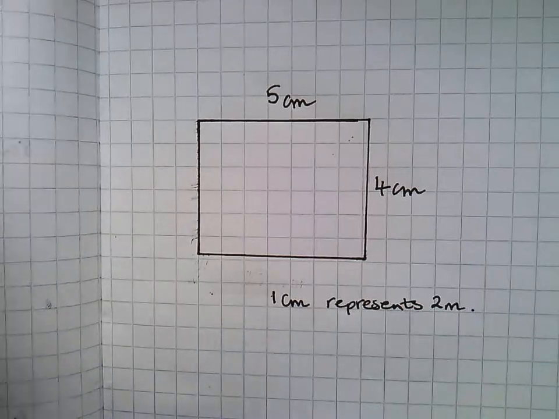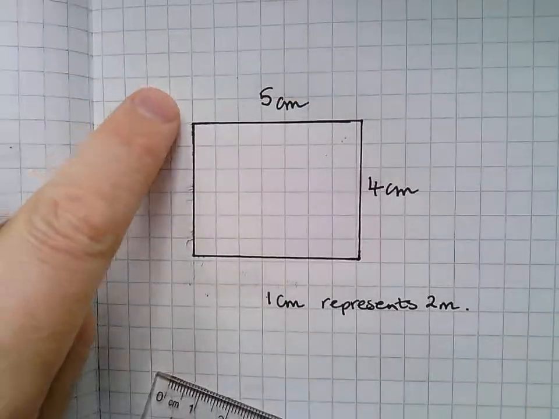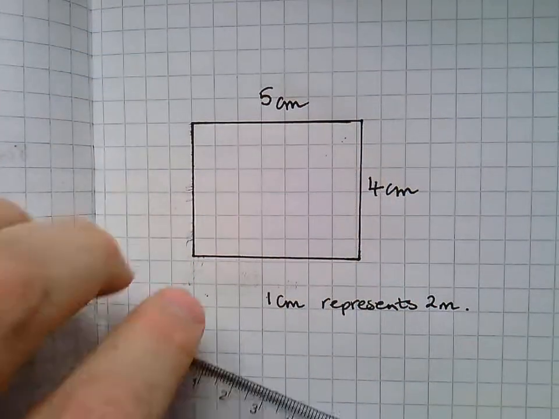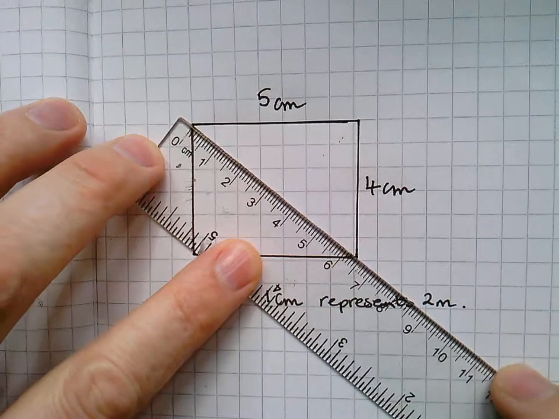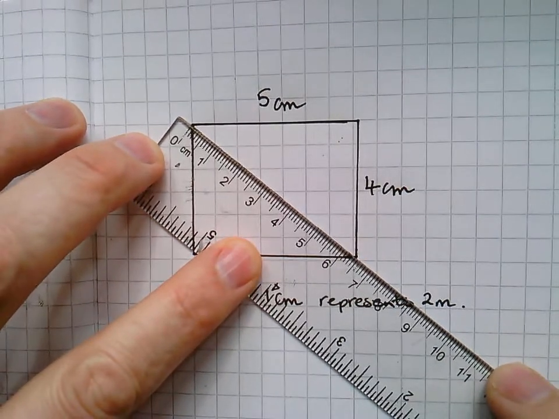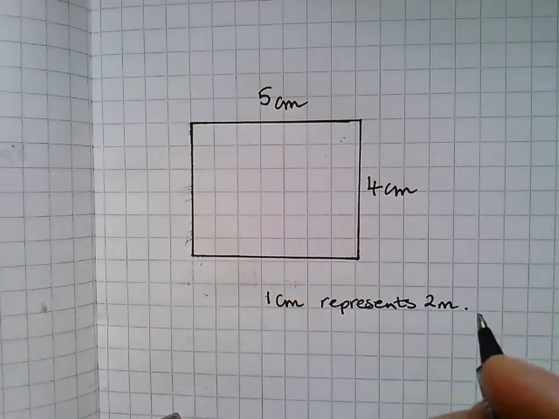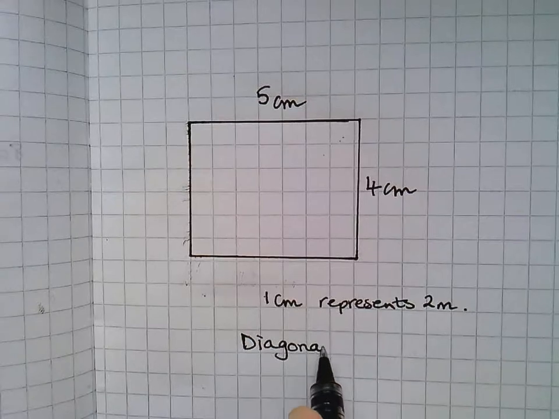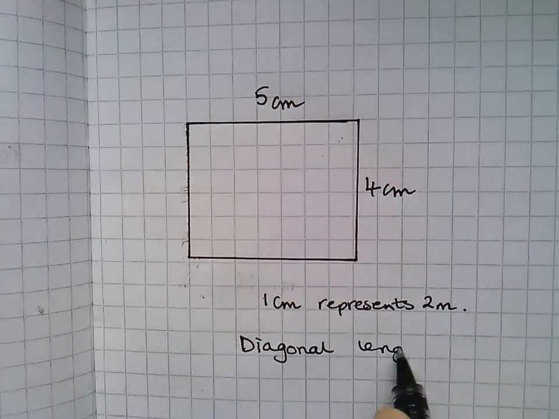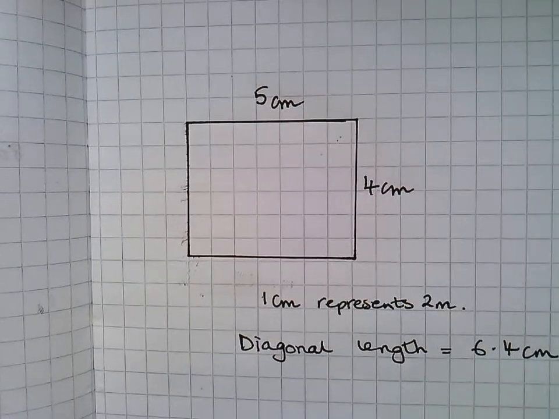The last question said, what is the length of the diagonal of the room? So we just need to measure the diagonal. Either diagonal will do, because in a rectangle the diagonals are equal. I measure that, and according to my scale drawing, it's 6.4 centimetres.